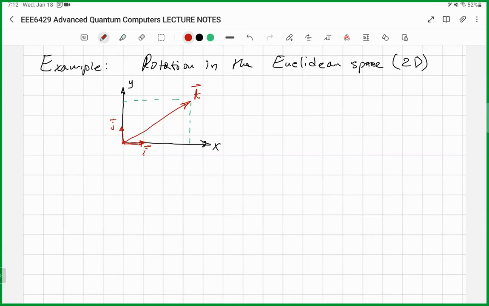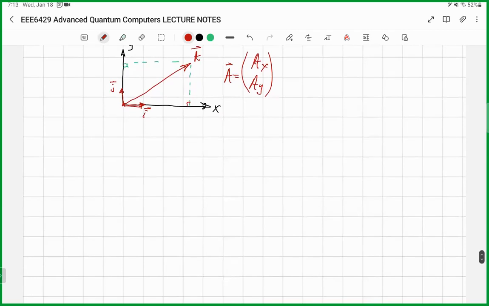But when we introduce this basis, we can describe this vector by its projections on the corresponding vectors. And in this coordinate system, the corresponding components of the vector are ax and ay. So this is our vector A in this coordinate system.